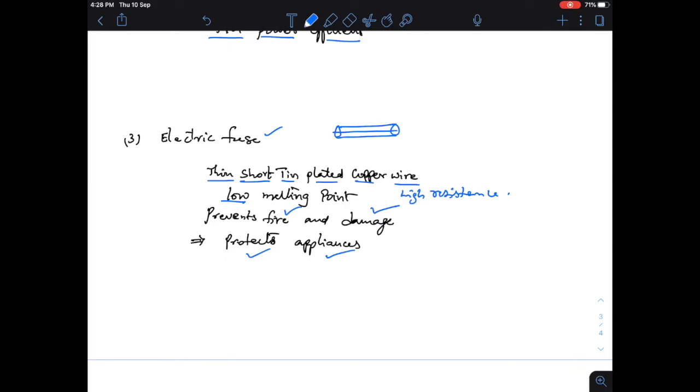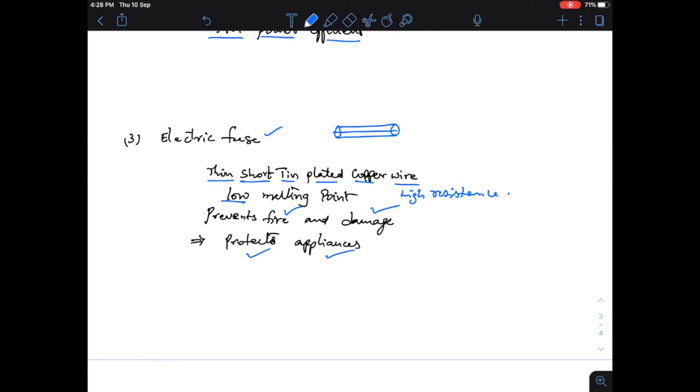So that prevents the fire in the house due to overheating of the wire, or also prevents damage to various electric appliances like fridge, AC, TV, oven, etc. due to excessive current flowing through them. So a fuse essentially protects individual appliances by stopping the flow of any unduly high electric current.